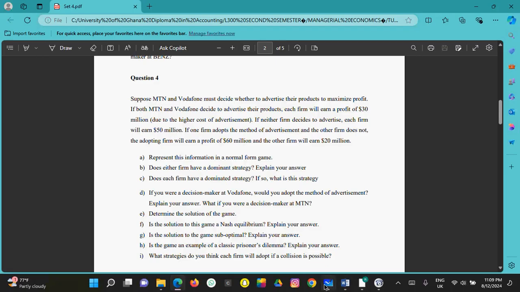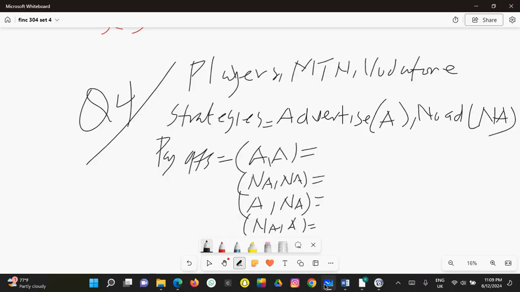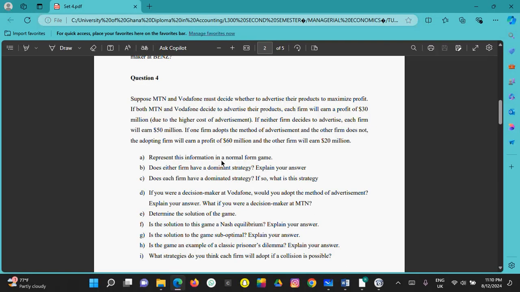So 30 million. And then if both don't advertise, each firm will earn 50 million.